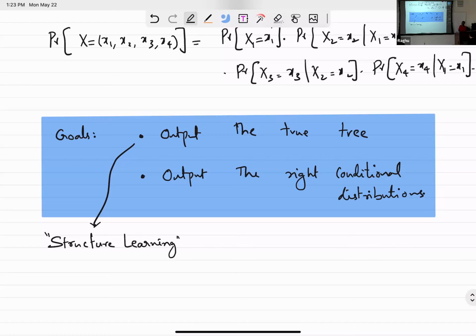Okay, so your goal is to learn the structure of the underlying graph or the tree or whatever graph you have. My main interest is the conditional independence structure. Maybe the true actual formula is not as important, but knowing the correlation is what I really care about.